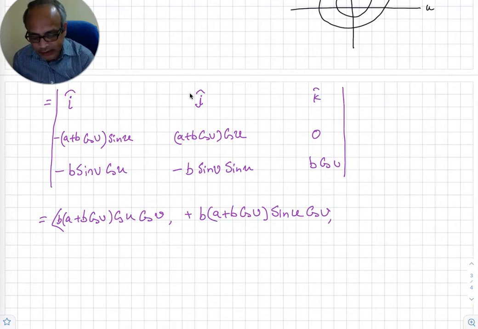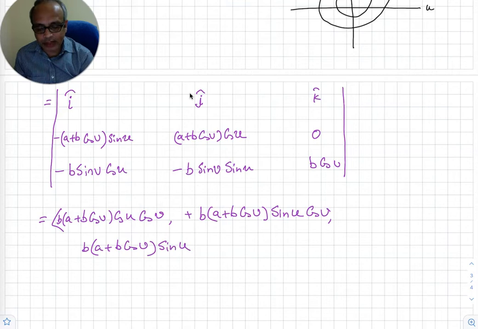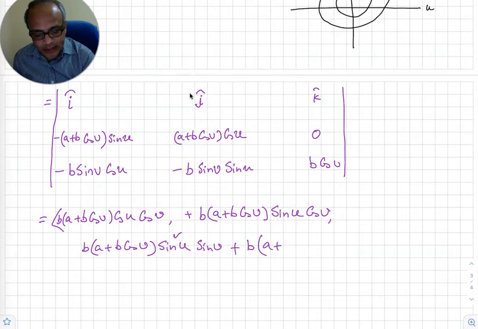So we have two minus signs, so that will be plus b times a plus b cos v, sin u, and then sin v sin u, so sin square u sin v, again minus and again minus, which will be plus b times a plus b cos v cos u. Sin v cos u, so cos square u sin v.